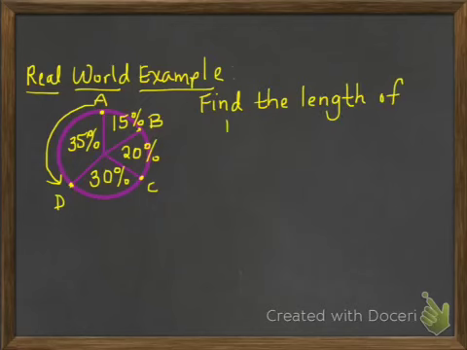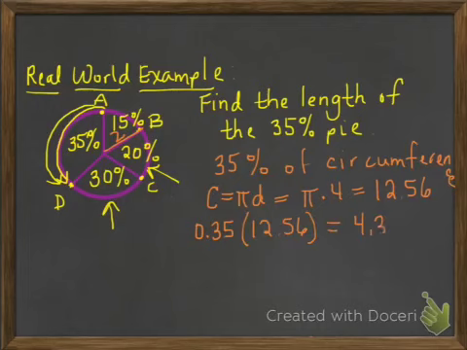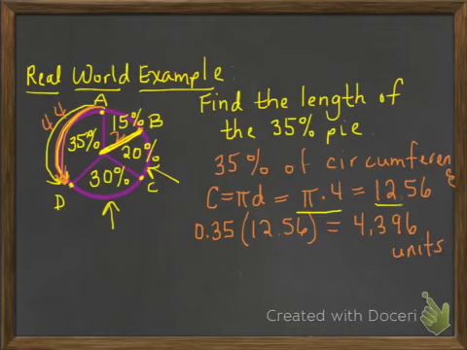All right, it says find the length of the 35% pie piece. Since we want 35% of the circumference, we're going to use circumference equals pi times the diameter, which in this case is pi times 4. If we decide that the radius is 2, you can see the radius here is 2, then we have pi times the diameter, which is 4, which is equal to 12.56.